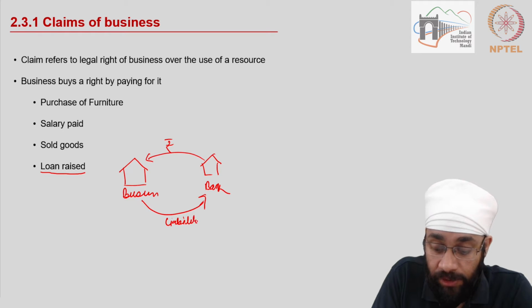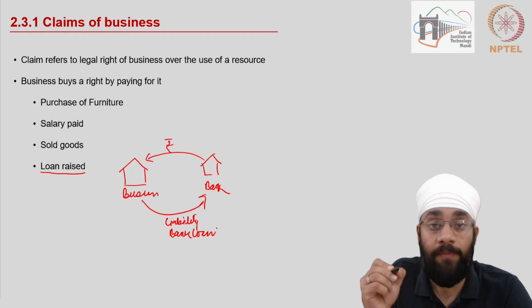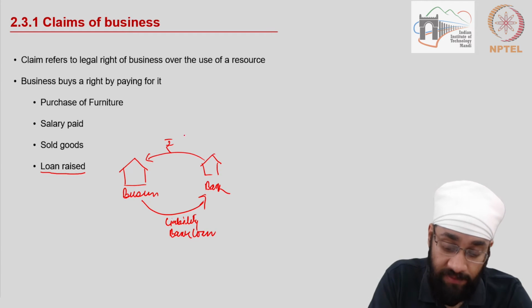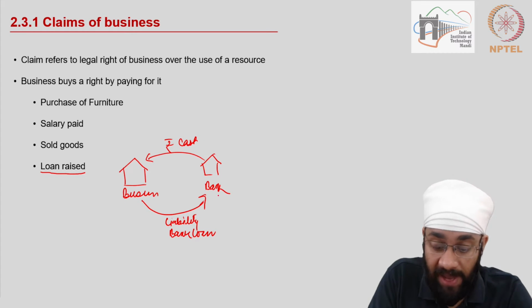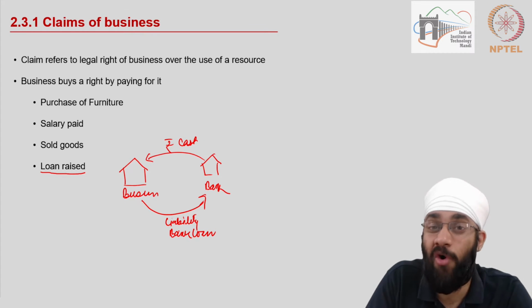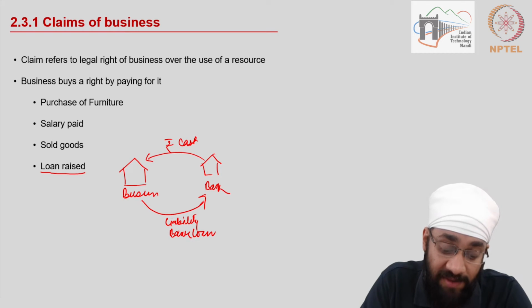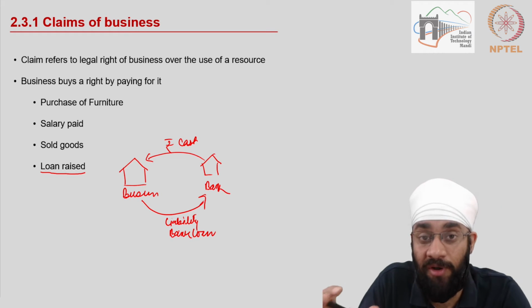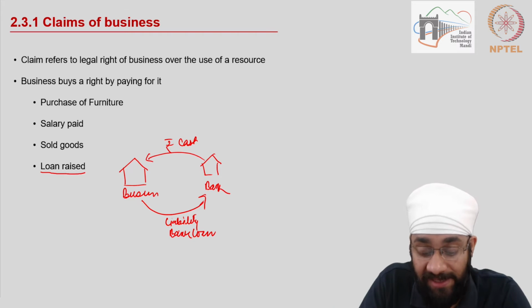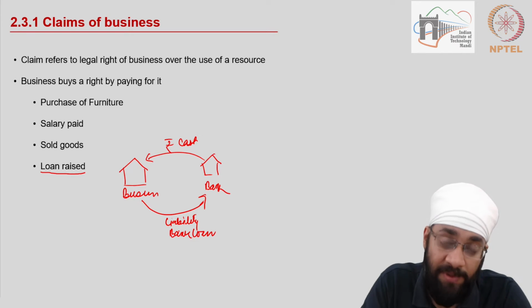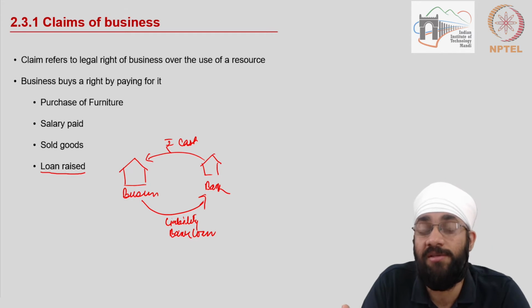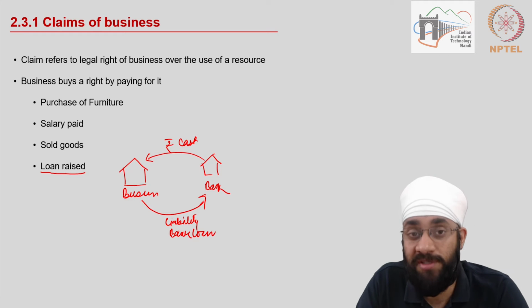The liability is called bank loan, right? What is happening in this transaction is that the bank has now a claim on the business rather than the business having a claim on a resource. Bank has a claim on the business, so the business is relinquishing some claims towards the bank.